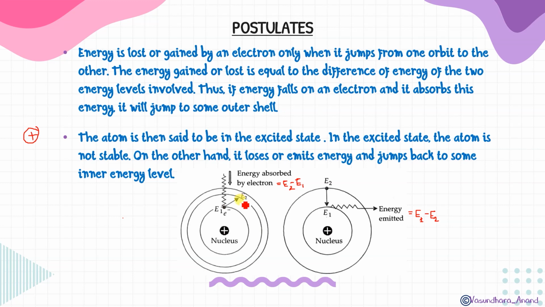It will immediately lose the energy and go back to the ground level. Like if you throw a ball in the sky, it goes up, but after reaching a certain height, it comes back also. So at the excited state, the electron is not stable. So it just loses or emits the energy and jumps back to the lower energy level. Got it?